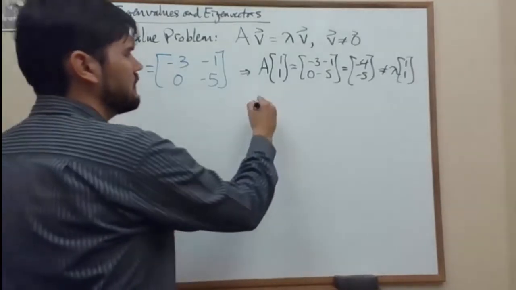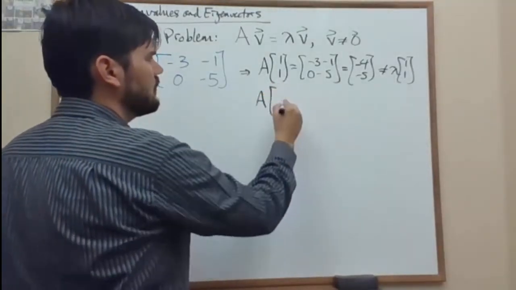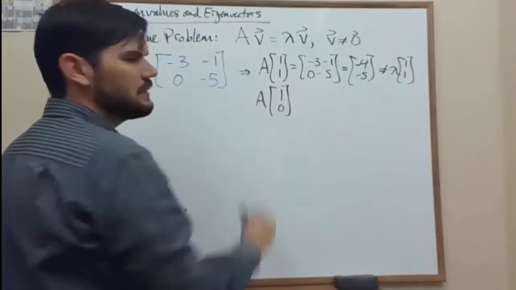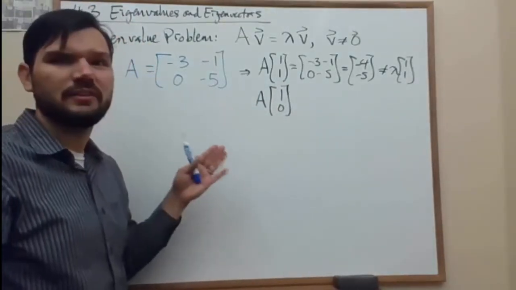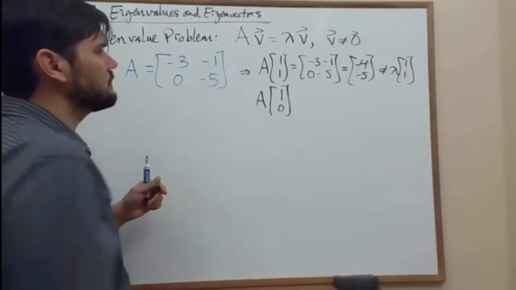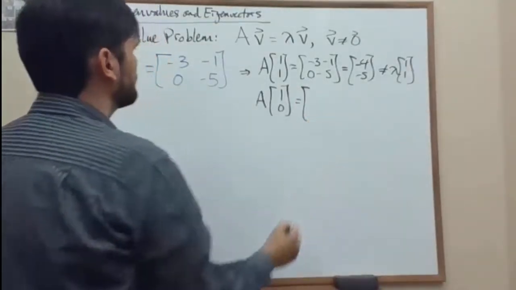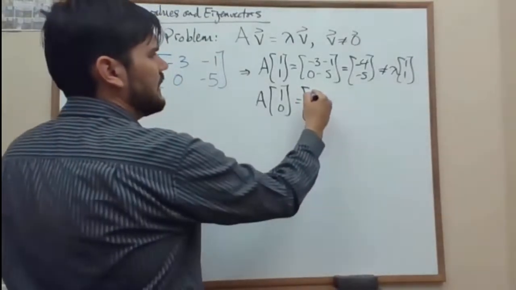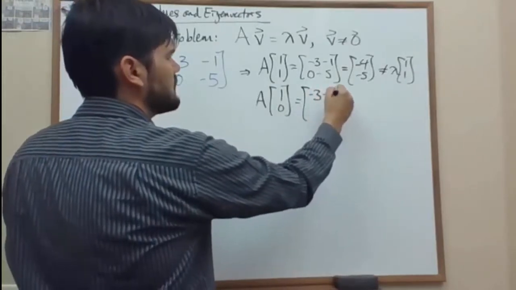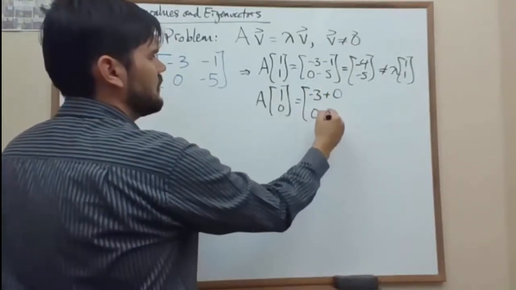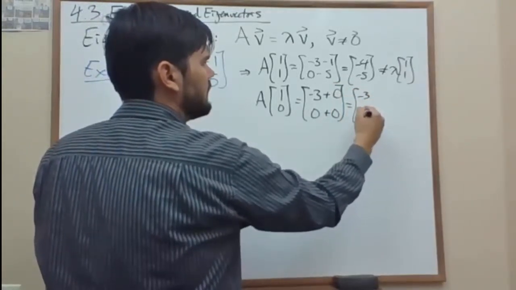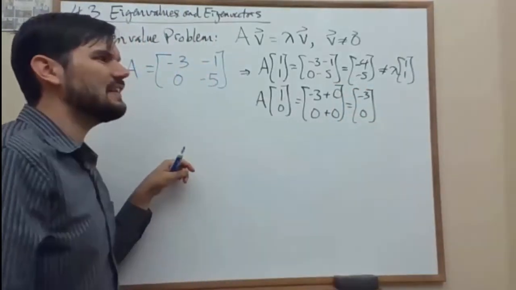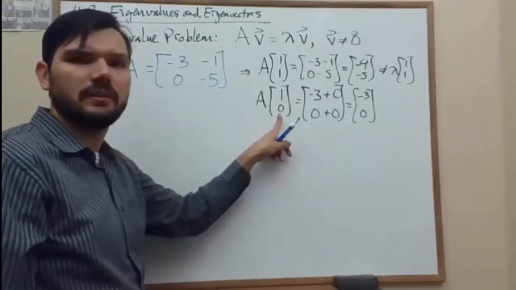What if instead of a 1, 1, we do a 1, 0? Now this is taking advantage of the upper triangular nature of this matrix. I get a -3 plus 0, and then a 0 plus 0, which is -3, 0. Is that a multiple of the input?